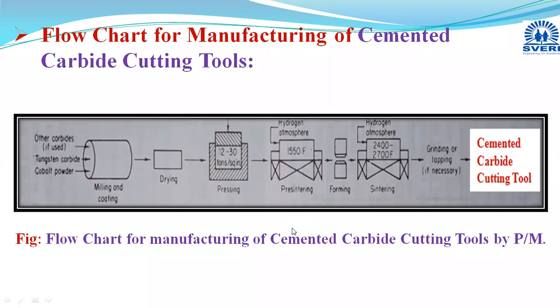In today's session, we have discussed the manufacturing of self-lubricating bearings, sintered friction material, and cemented carbide cutting tools, along with the different steps involved in the manufacturing, and their flow charts for all three components.